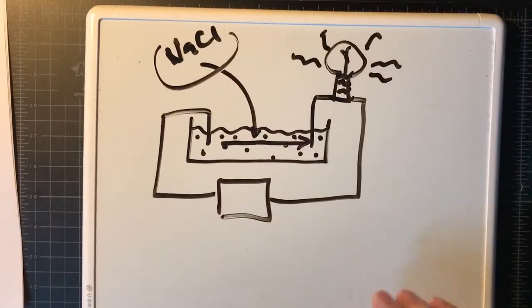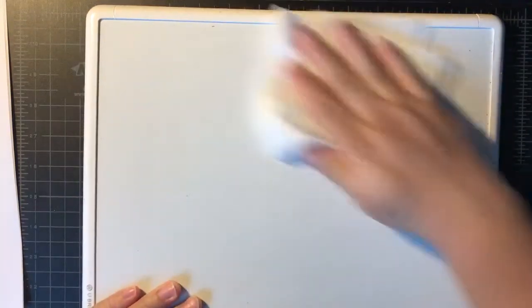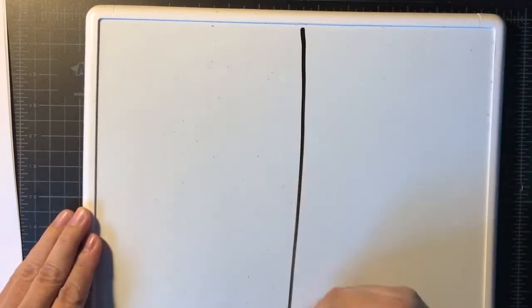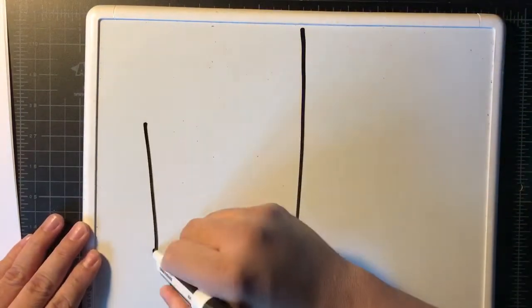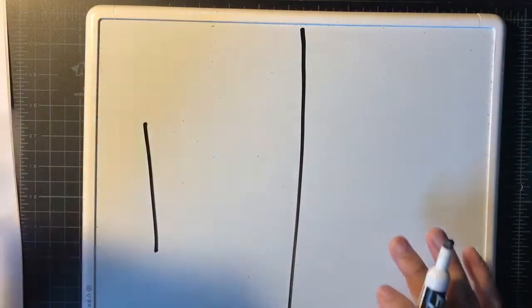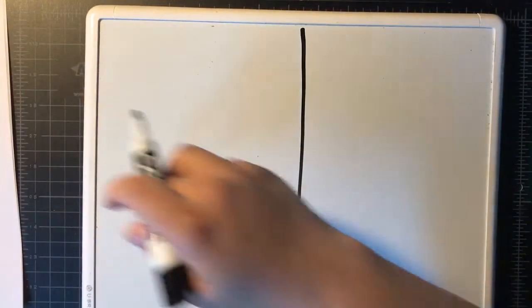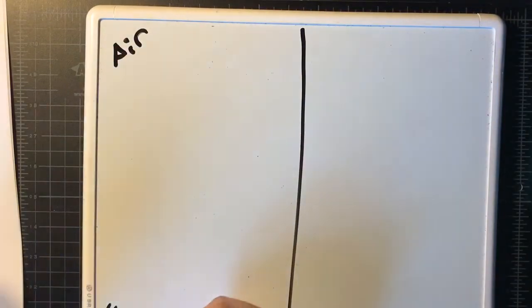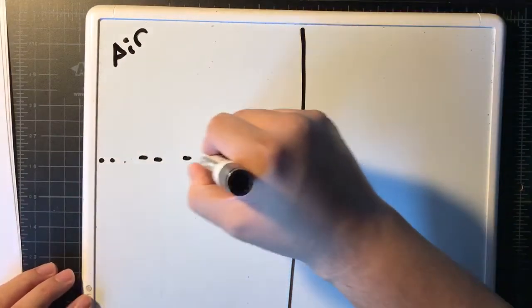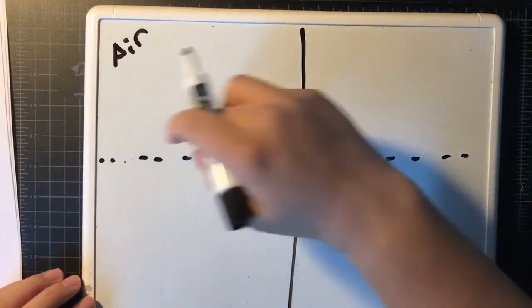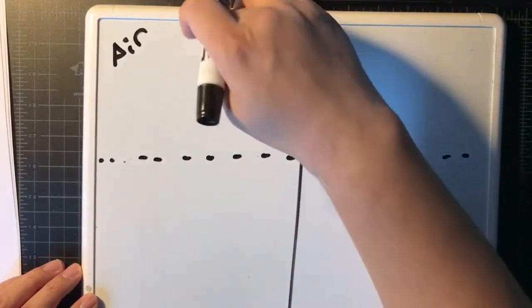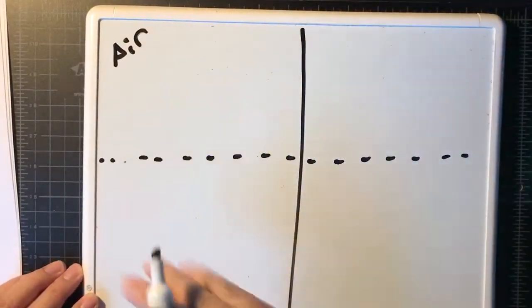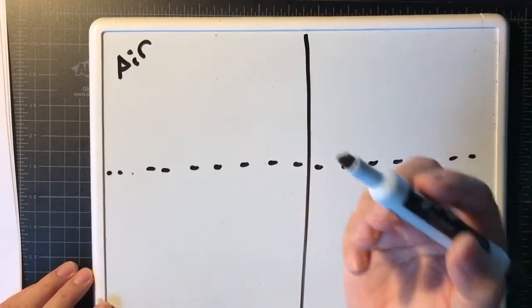So let's take a look at a rudimentary drawing of why that is so. Let's look at two types of solution. The first one, we're going to draw the air and the liquid, and a line for the surface. Normally, in an area where it's just water only, I'm going to draw the water molecules as circles.